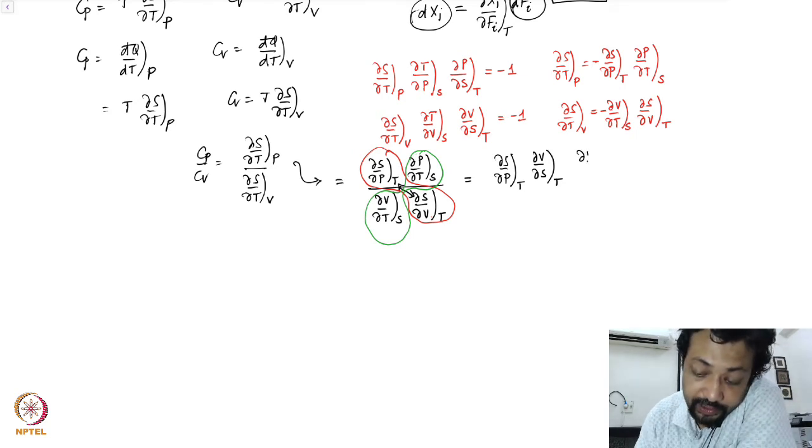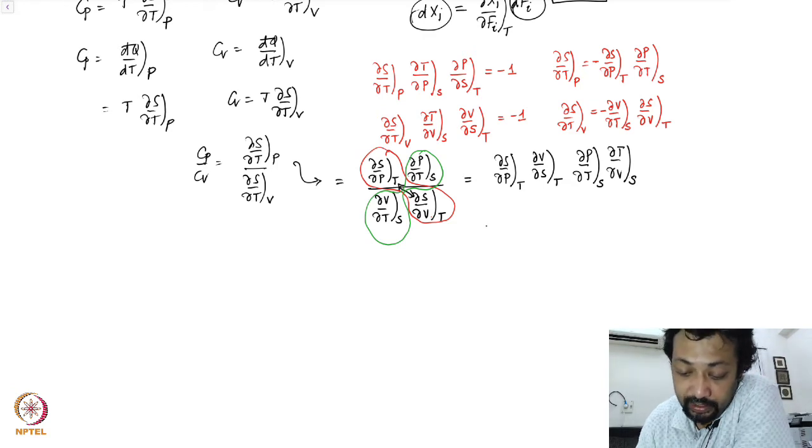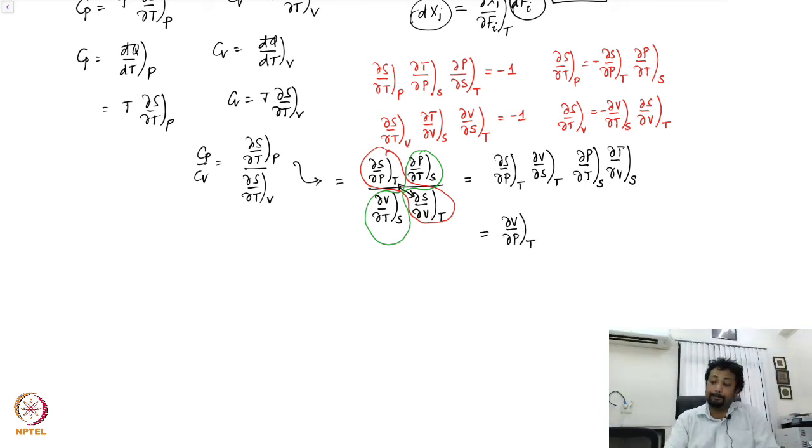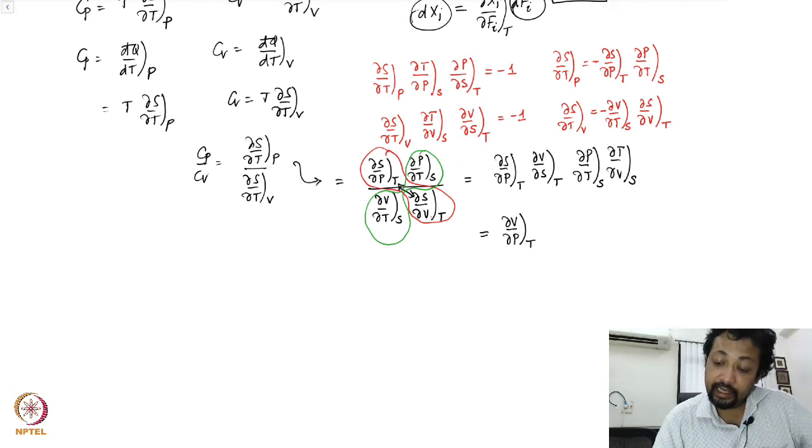So I have (∂P/∂T) at constant entropy times (∂T/∂V) at constant entropy. Here (∂S/∂P)(∂V/∂S) is (∂V/∂P) at constant temperature, and this one, if you are careful to see, has entropy held constant: (∂P/∂V) at constant entropy.